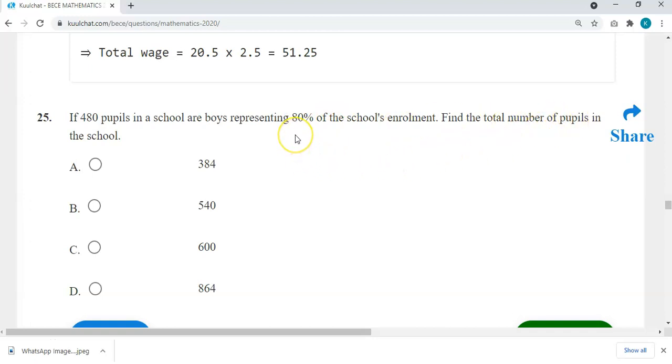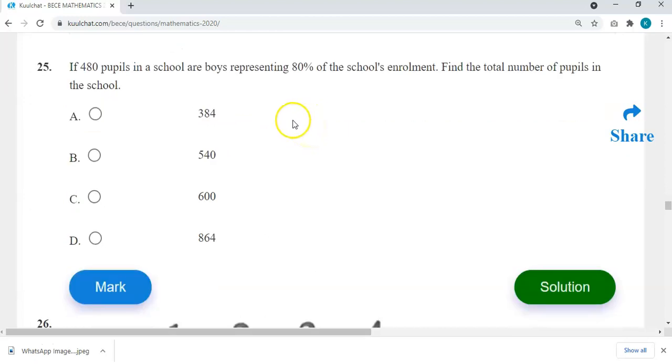We don't know the total number of pupils, so we have 80 over 100 times x, which should give you this 480 that you are informed. So then you can solve for the value of x.